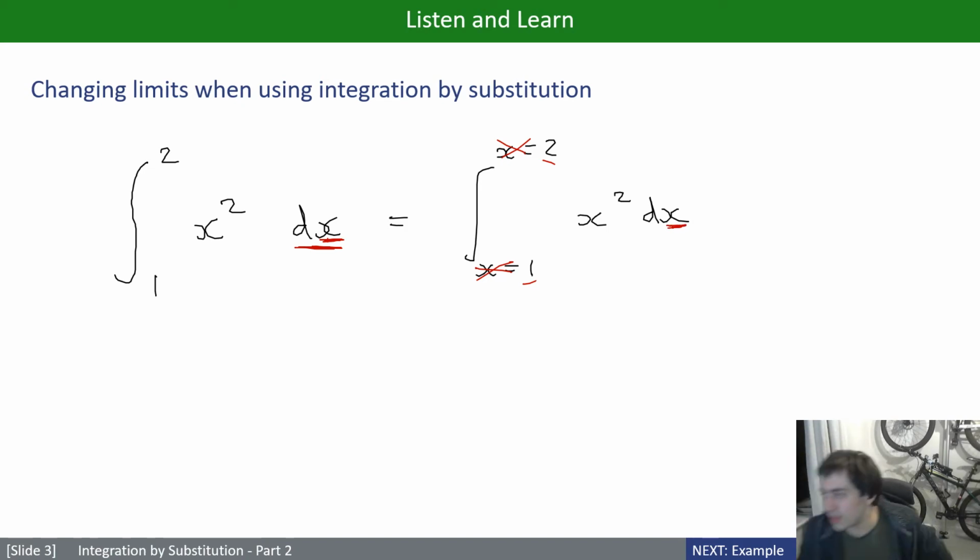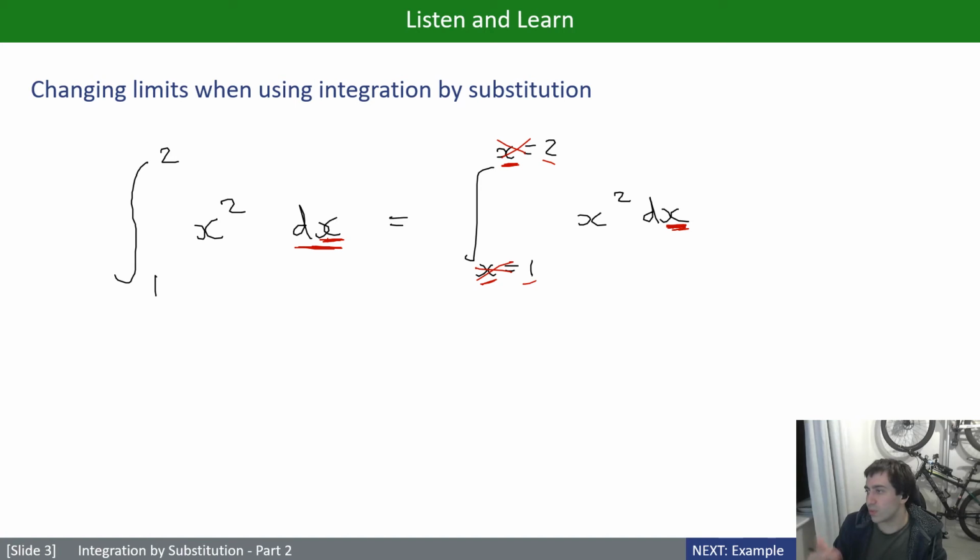However, that starts being a problem if you're going to mix variables by using substitution. We'll do it by example, but what you'll see is that when you change the variable, you change the dx to du for instance, and you also need to change these x's here to u's.